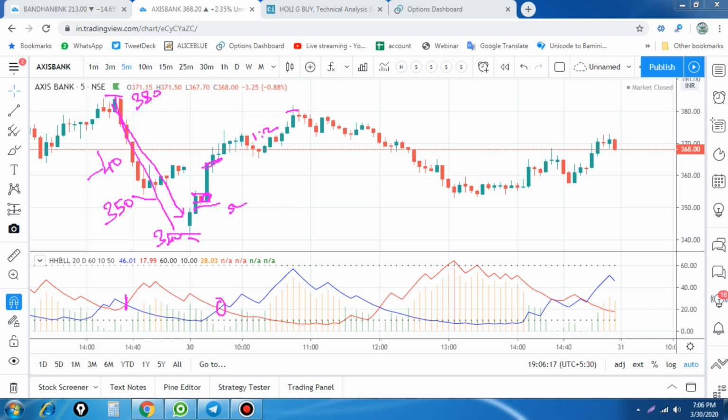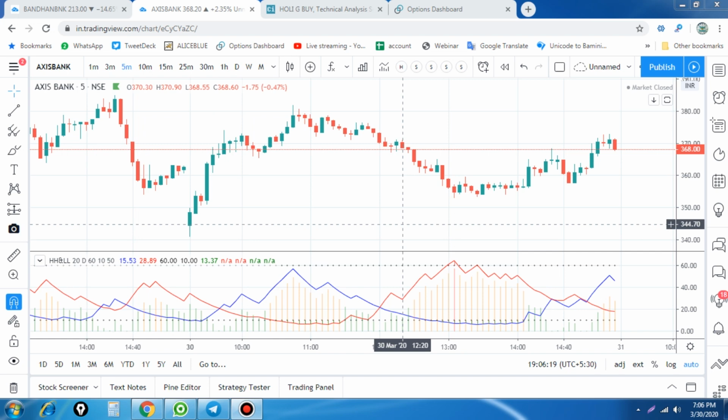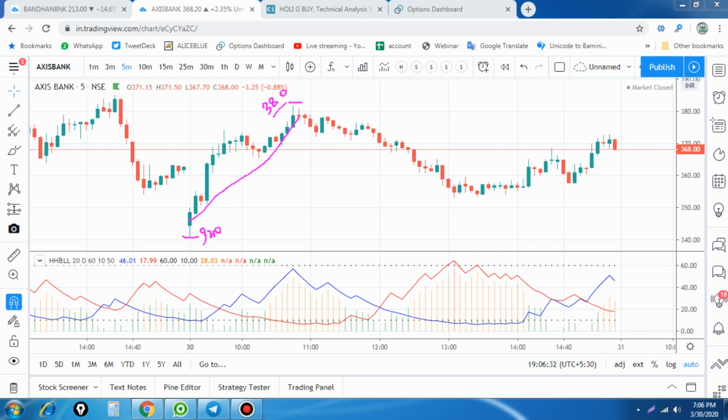After this movement, from this particular point it went higher. From 340 as the low, it again came to 380, almost a 40 rupee upside. For this 40 rupees move we are waiting for a reversal in the trade.